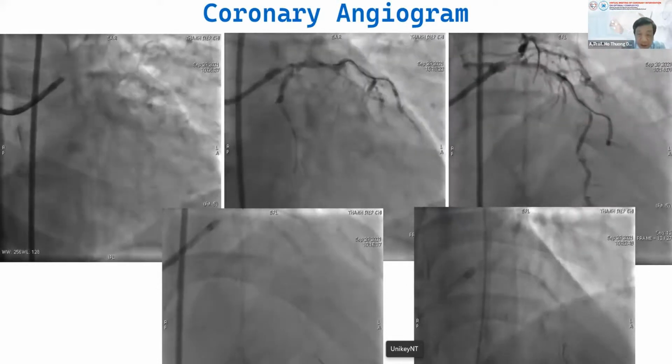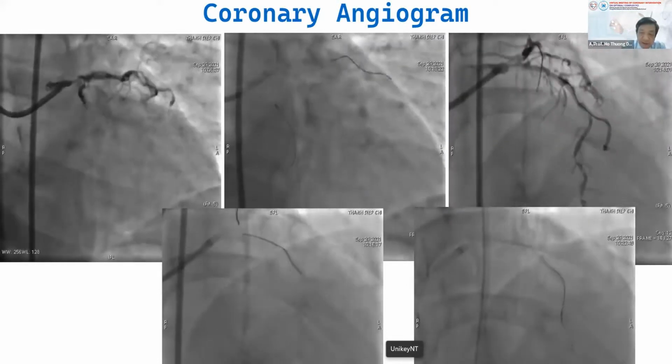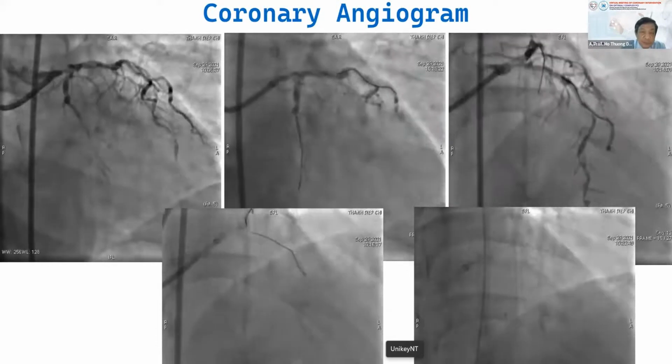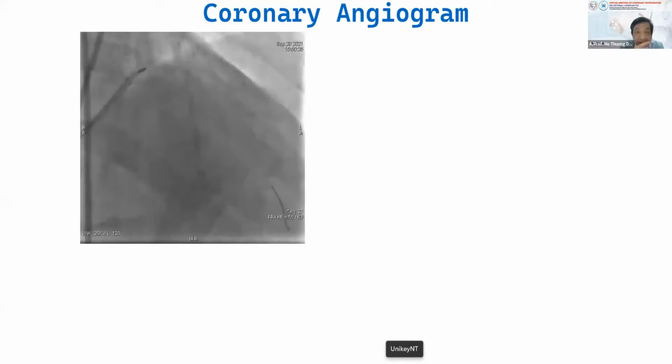Because as you see, the LAD is very diffuse and we need to rotablate the total lesion. I think if we don't rotablate the total lesion, we cannot advance the stent, but with the risk of rupture or perforation, so I must choose the smallest rotablator, 1.27.